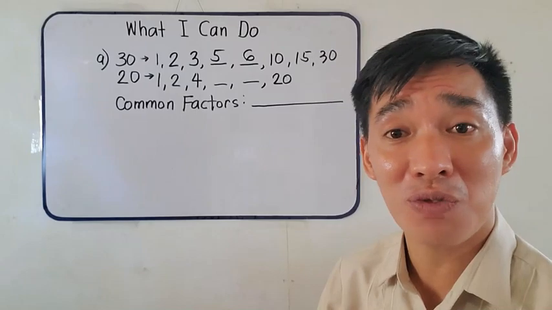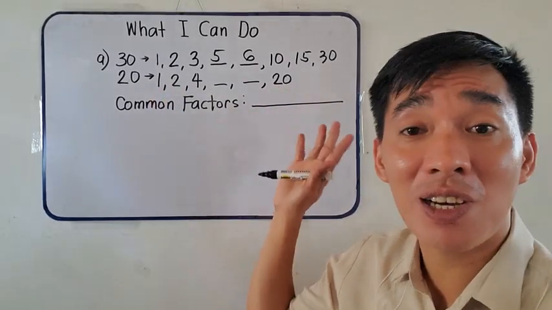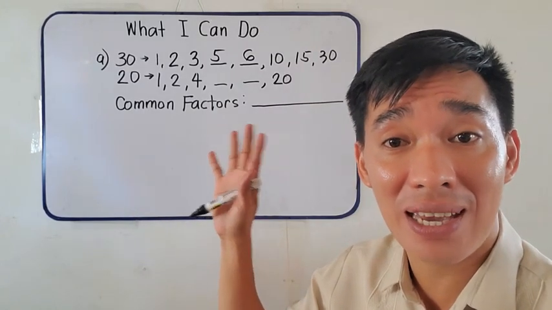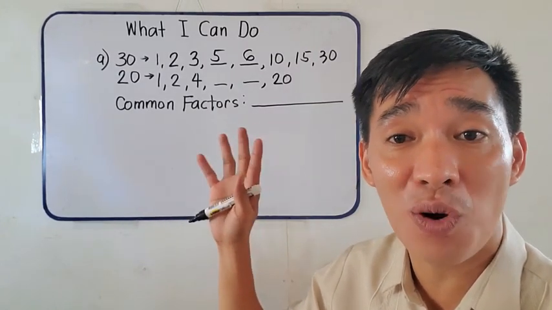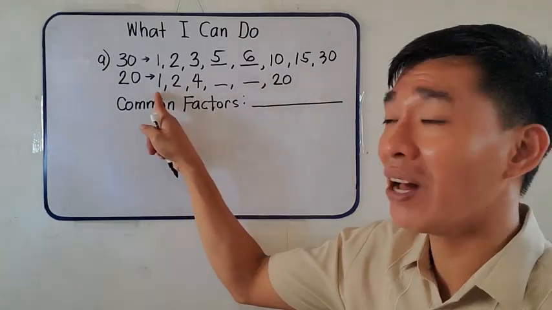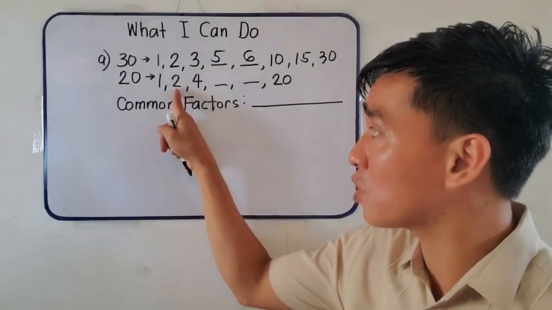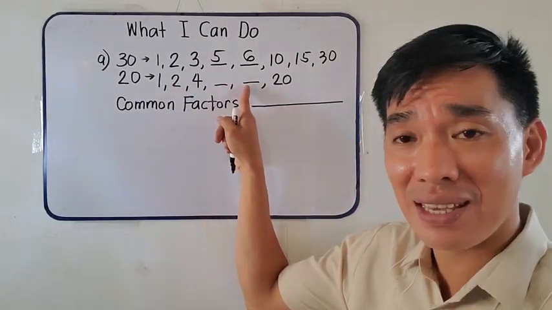What are the factors of 20? The factors are arranged in ascending order, from smallest to biggest, so you pair the smallest to the biggest: 1 times 20, the answer is 20. What is to be paired with 2 to make it 20?